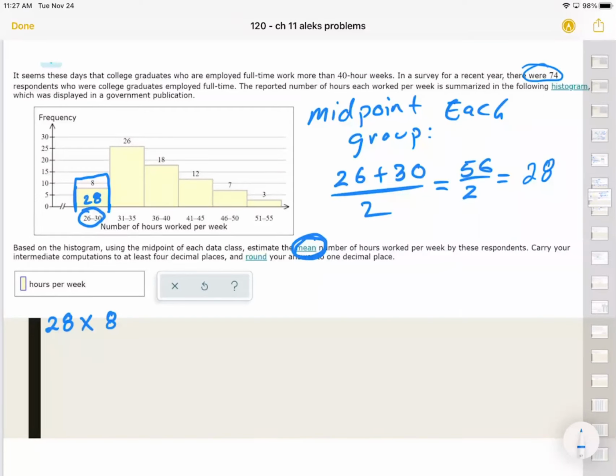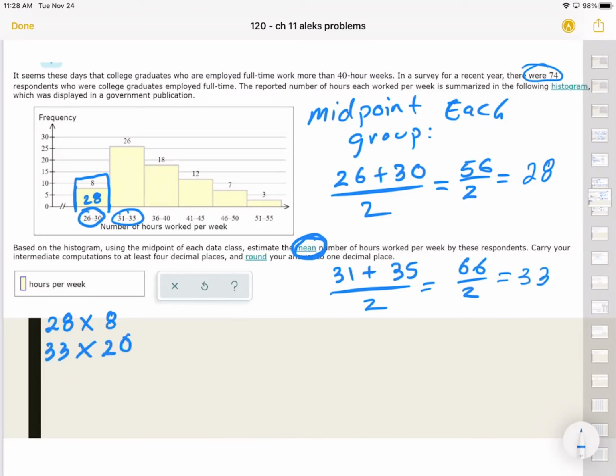In the second group, you do the same thing. You take 31 plus 35 divided by 2, which gives me 66 divided by 2, which is 33. So for my second group, we have 33 times 26, the frequency.